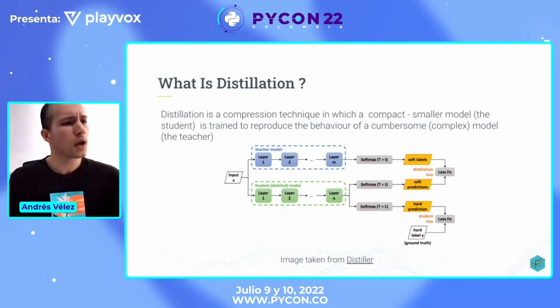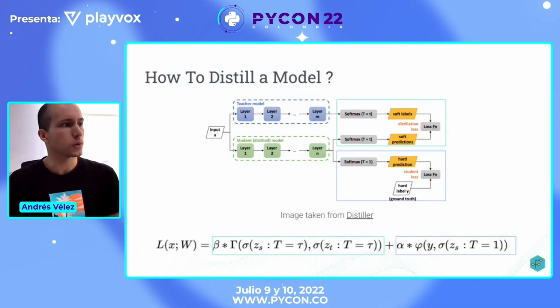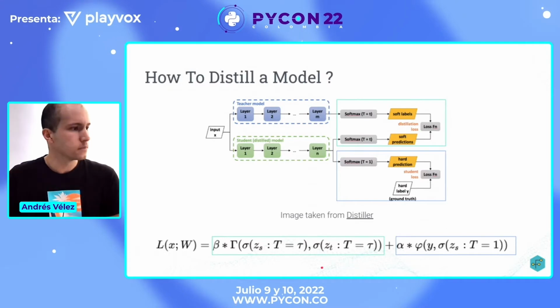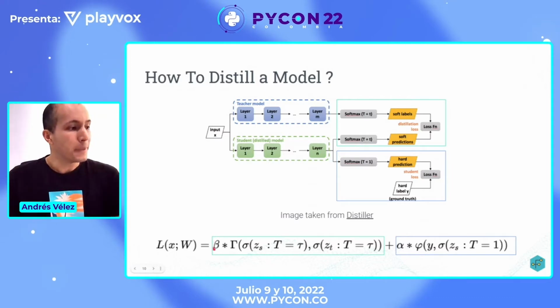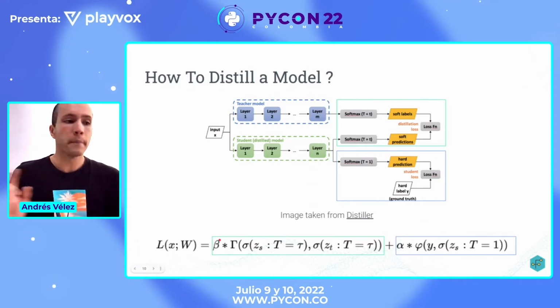Okay, the question now is, how do we actually mix together those two loss functions in order to create a single loss function? And here is the answer. Basically, we use a term which is named alpha, right? Beta is 1 minus alpha.